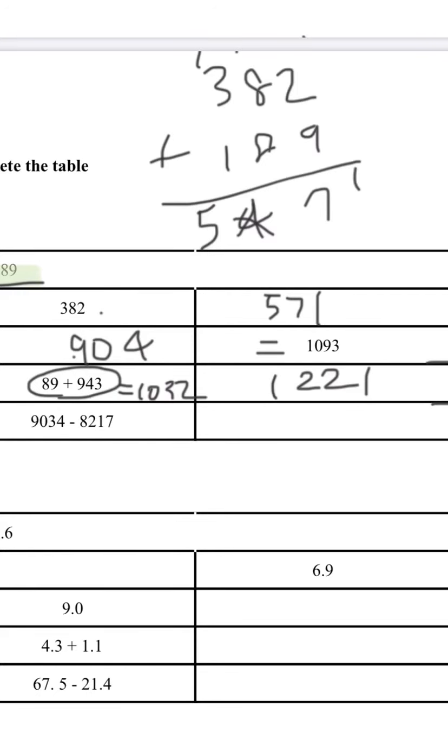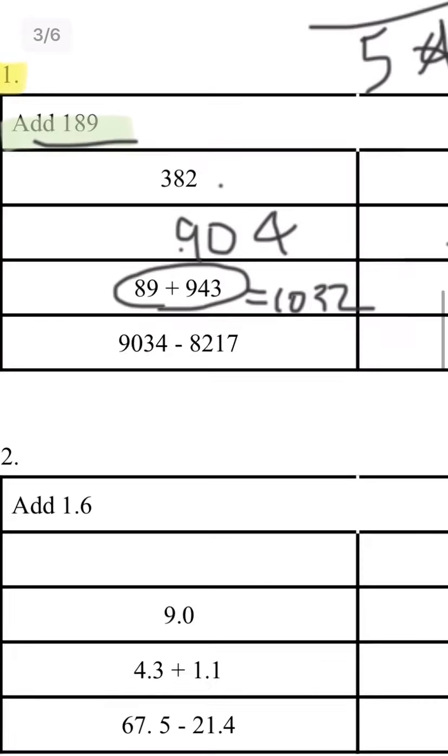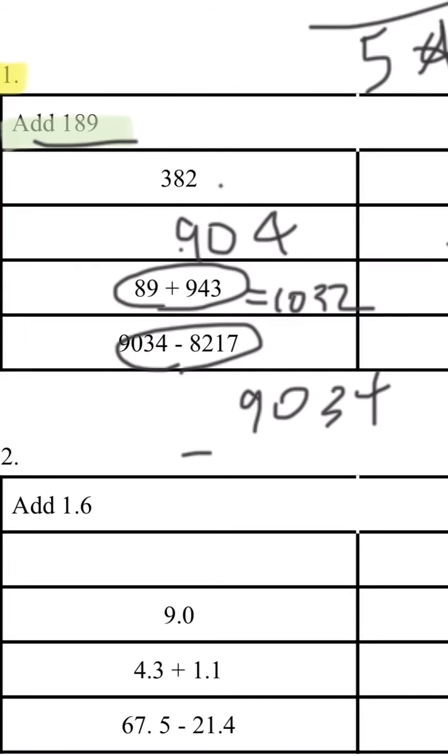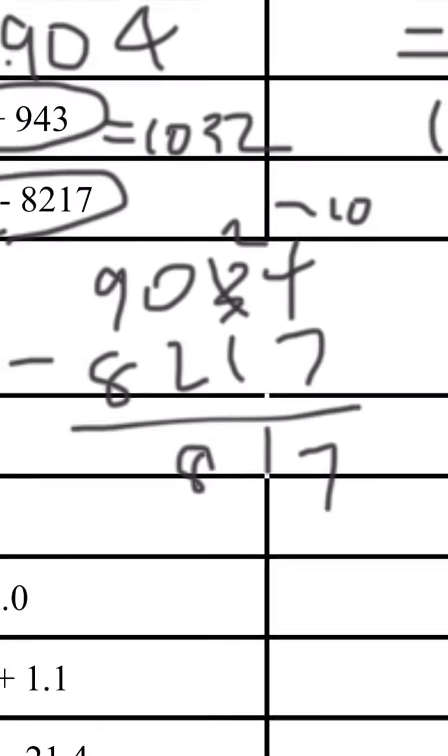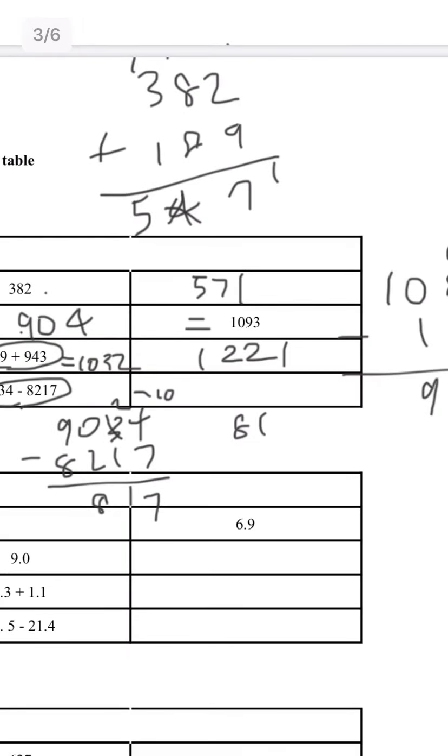And then lastly, last blank. Again, let's find the sum of these two first. So 9,034 minus 8,217. Okay. That's 817. Right? And then, so now that we have the sum, 817, we gotta add 189 to it.